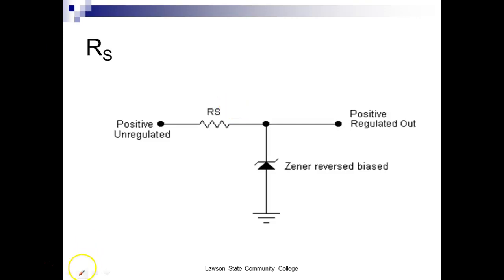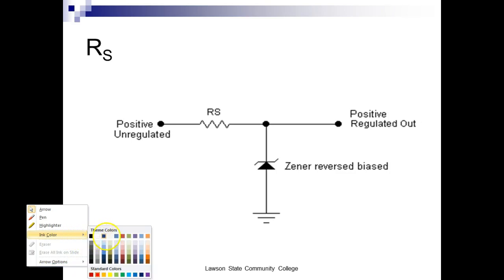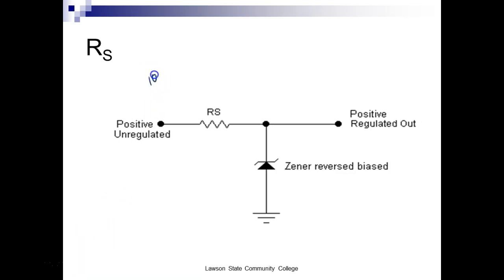So what's our input voltage changing between? 17. And we're choosing a 160 ohm resistor. So what wattage rating do we need? And we're using a 5 volt Zener.